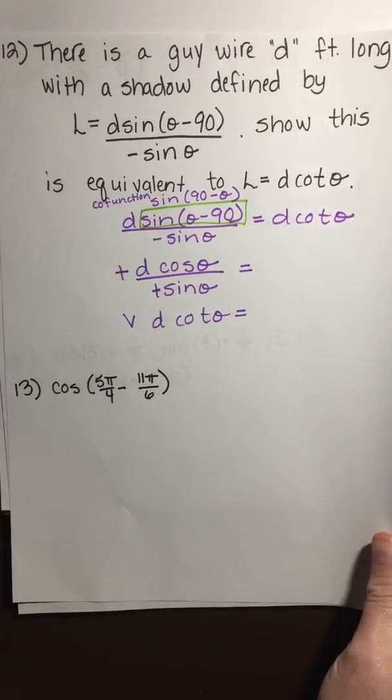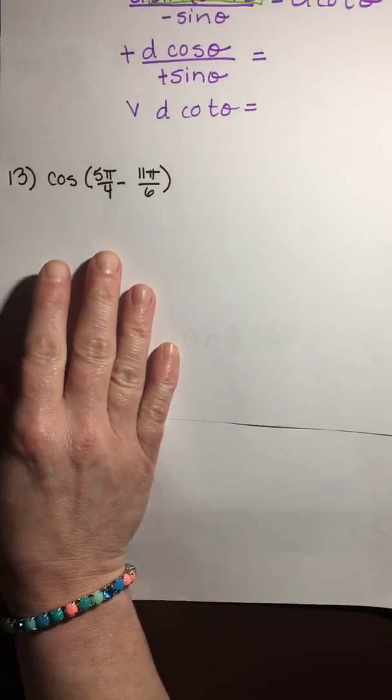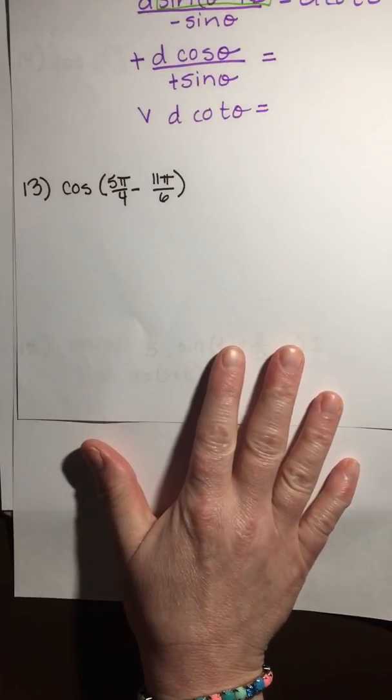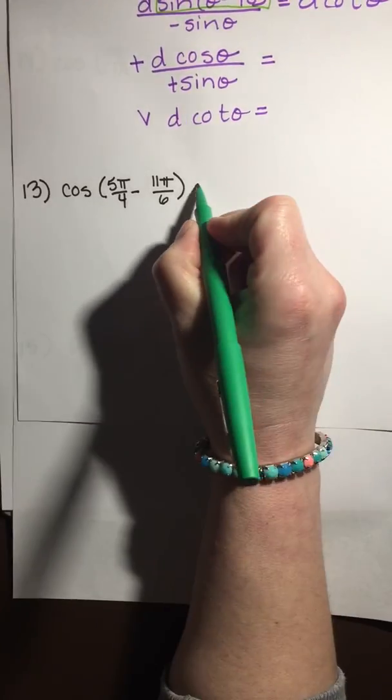Okay, let's look at the next one. Get that lined up. All right, we have the cosine of 5 pi over 4 minus 11 pi over 6. And I'm just going to plug the values in and evaluate for the cosine of a difference.